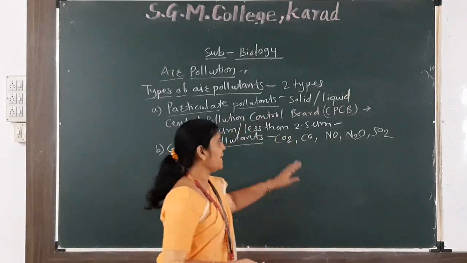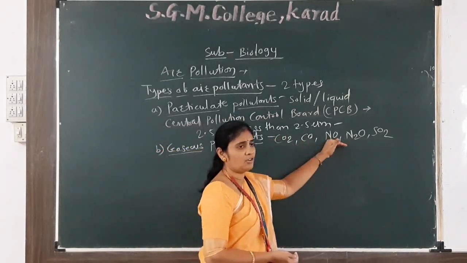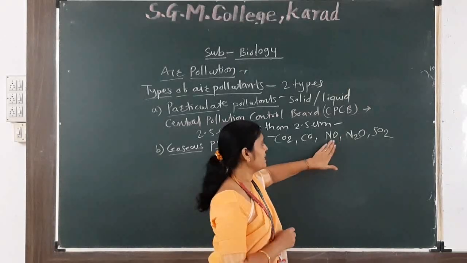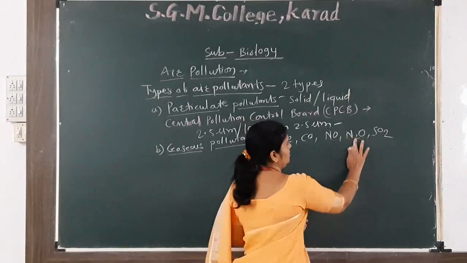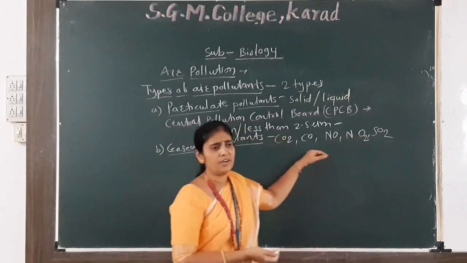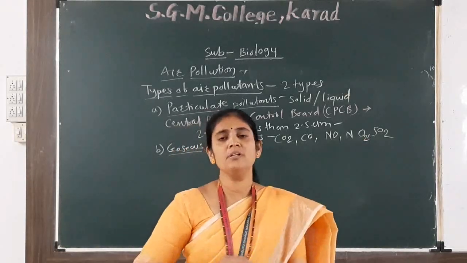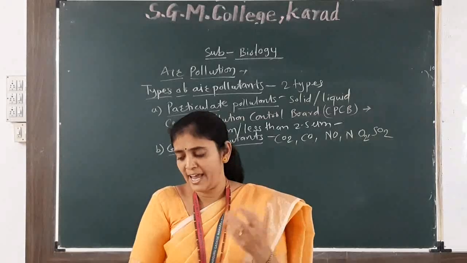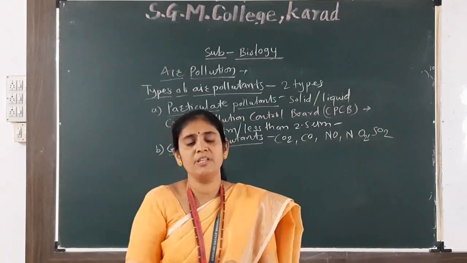So these are different gases: carbon dioxide, carbon monoxide, nitrogen oxide, you can also call it nitrogen monoxide, nitrogen dioxide, and sulfur dioxide. These are different gaseous pollutants which are affecting the human being and other plants and animals. So one by one we have to see what are the effects of these gases.